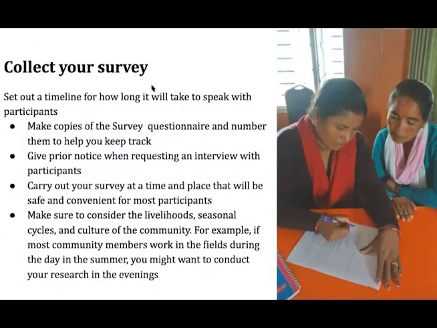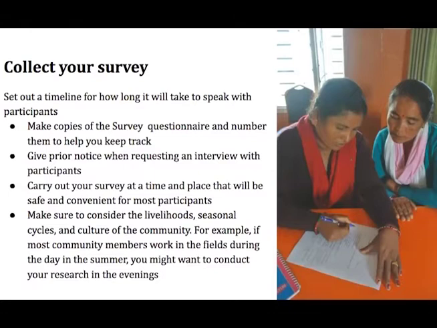So assuming now you have your research team, you have the final version of the questionnaire, right? And you're ready to go. Your research team is going to collect the survey. Something to consider is the system for how each research member would collect, right?